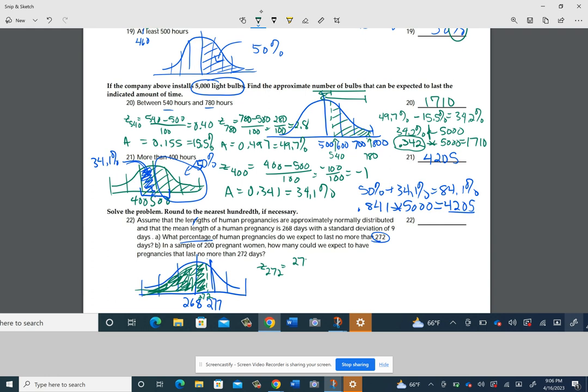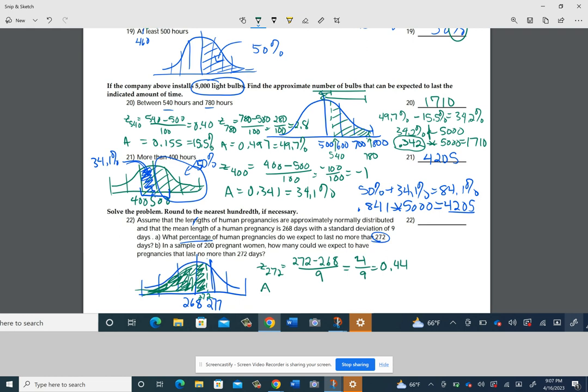So I take 272, subtract 268, divide by the standard deviation number. So the deviation from the mean would be 272 minus 268. So that would be 4 over 9, which would be 0.44. Keeps going, but the table uses 2 decimal places.